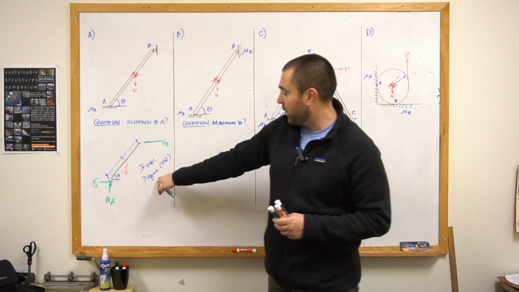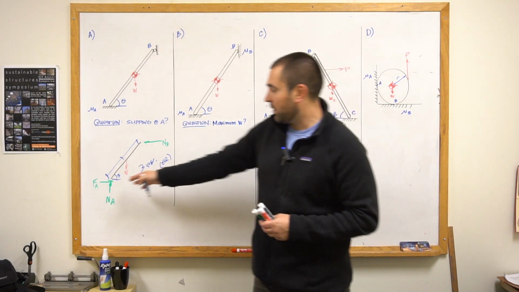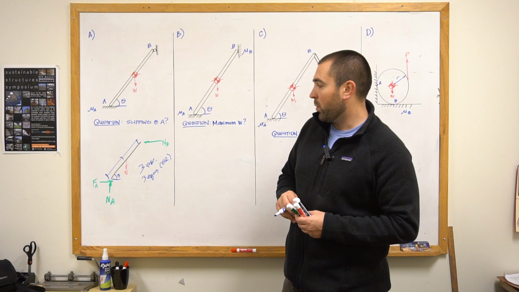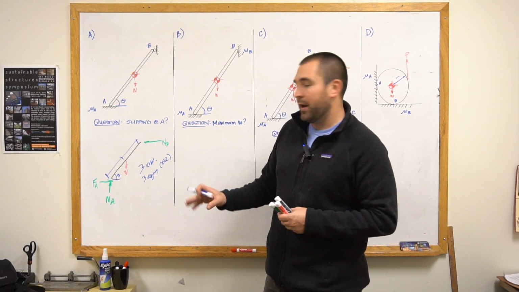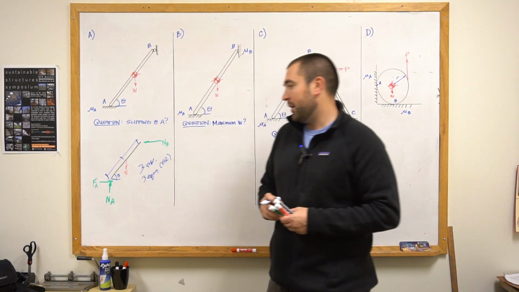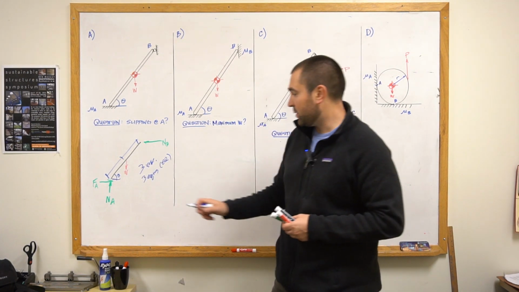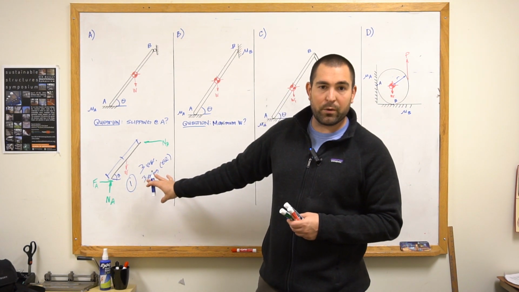So I have enough equations with statics to solve for all 3 unknowns. Once I've solved for the horizontal force at A and the normal force at A, then all I would do is check that FA is less than FA max. So the first step would be to solve for all the forces with equilibrium.